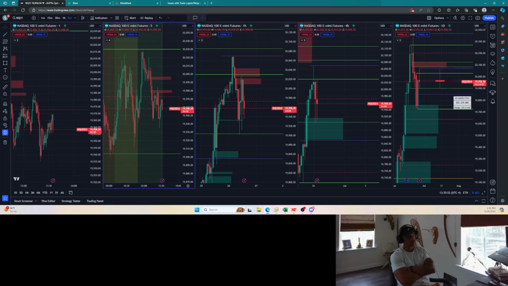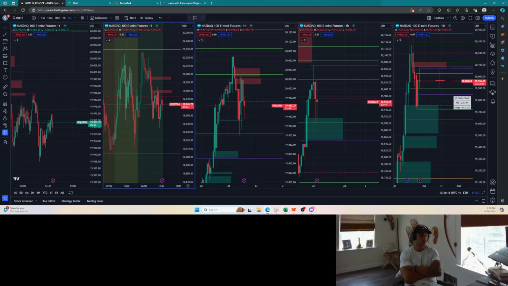So I do watch the candle behavior, but for me, the time is very important. I'm trading from open to 11:30 at max, or 1:30 to 3:30. A lot of times I'm done in the morning and I don't even come back, unless we're near a really strong point of interest.